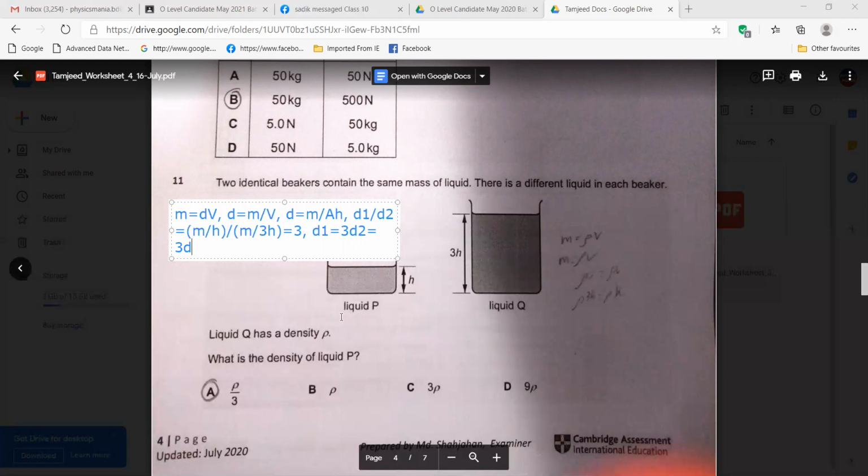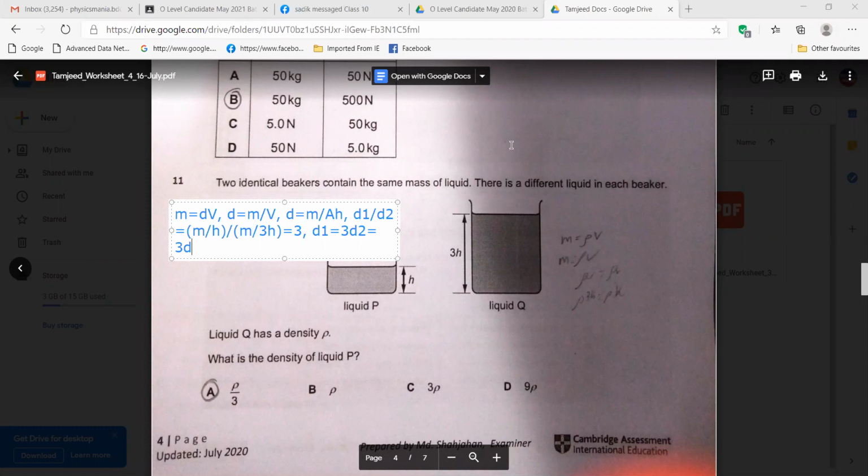Even they are not giving you the same density, like rho, they are giving you some values. It will be more difficult, right? That's why I gave you the complete procedure. Okay, clear?